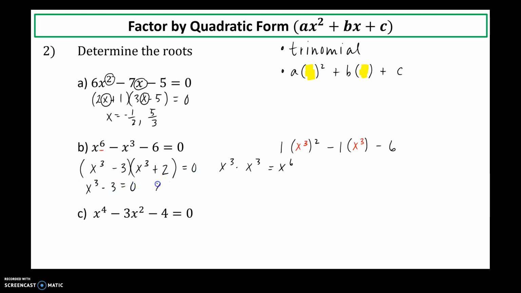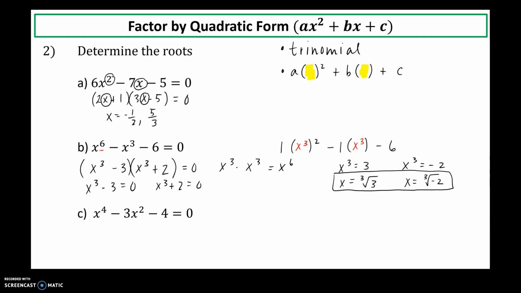Set each individual factor equal to 0. Now when I solve, I get x cubed is equal to positive 3, and to get x alone, I would take the cube root of my answer. And now I have x cubed is equal to negative 2, and you are allowed to take an odd root of a negative number. So x equals the cube root of negative 2. These would be my two solutions. These are exact values. You do not need a calculator. You would just leave your answer like that.